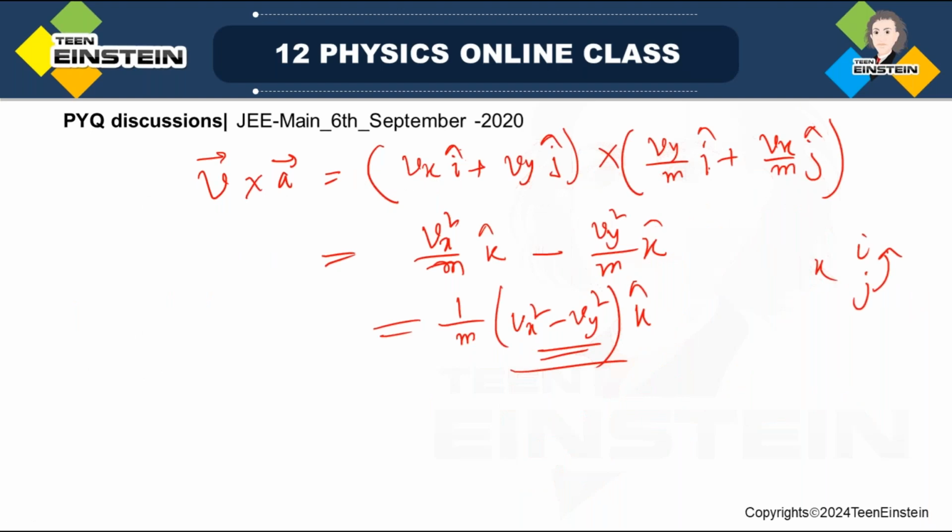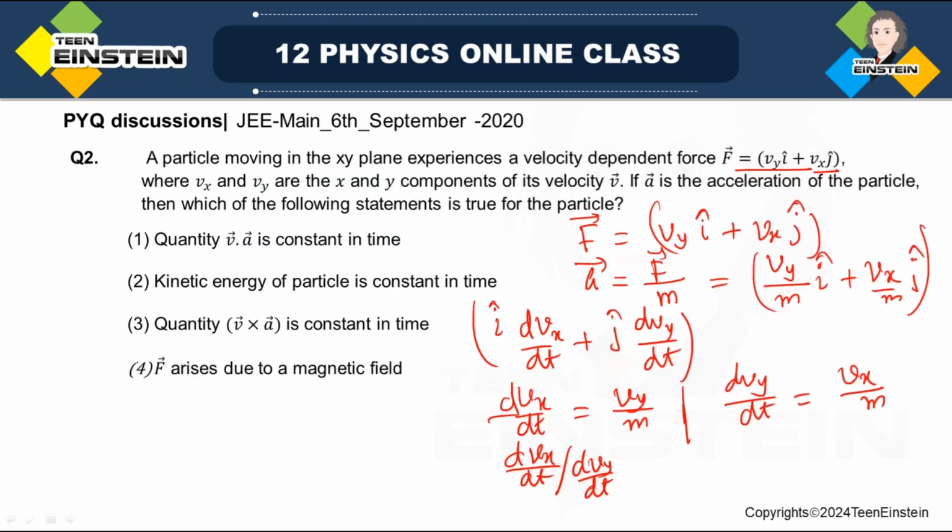So that particular term, vx square minus vy square, was equal to c. Okay, I had taken like that. So we can write this as c by m. Okay, c by m. So therefore this is actually a constant. So v cross a is a constant of time. This is the correct option. Okay.